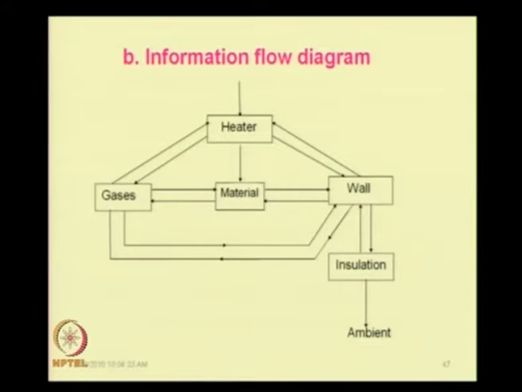Okay, so one arrow is missing, probably you should have an arrow here. From the wall again you can have to the gases, correct, and then from the wall to the insulation, but there is no need for a two-way arrow, right? Because the wall will be hotter, and from wall to insulation, and from insulation to the ambient.